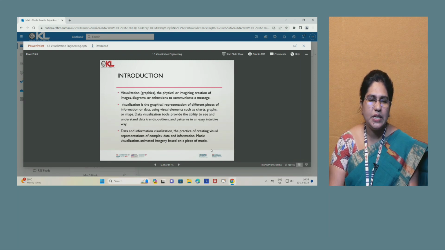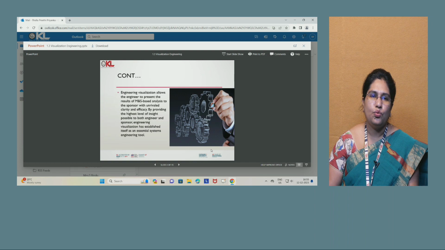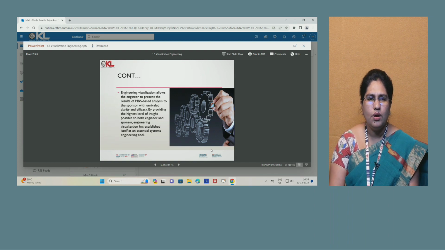So data and information visualization is the process of creating visuals representing complex data and information.